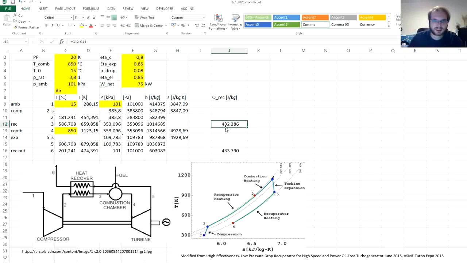So we can see that it's 432 kilojoules, while if we follow the pinch point, only the pinch point which we have specified on both sides of the heat exchanger, 5 to 6 would transfer more heat than the 2 to 3 can actually take in.